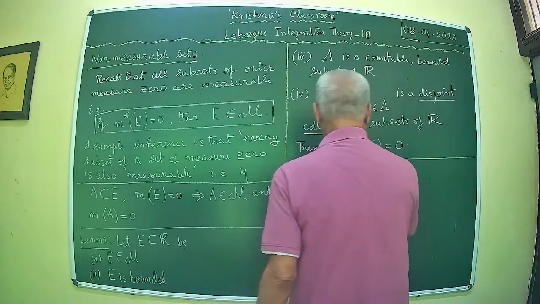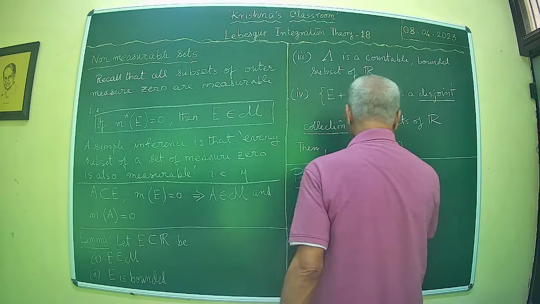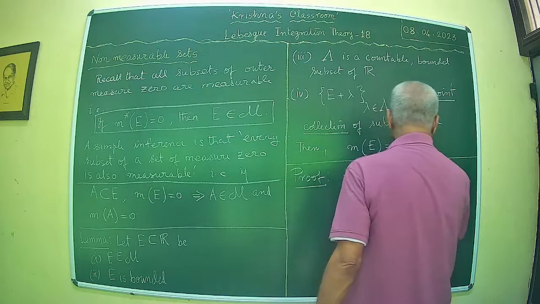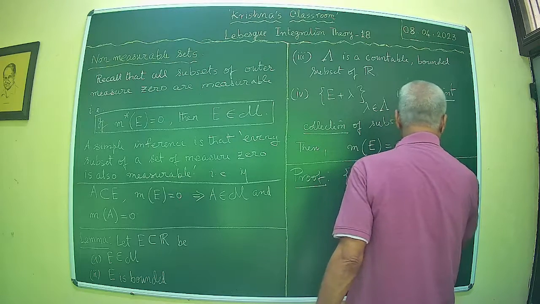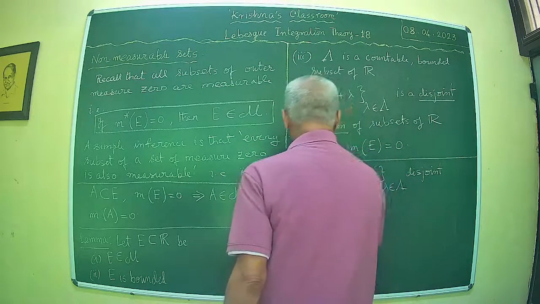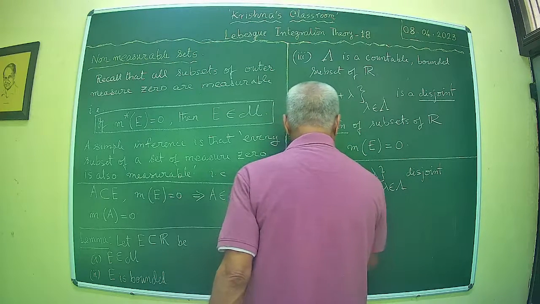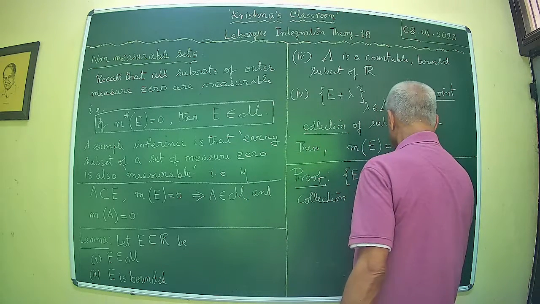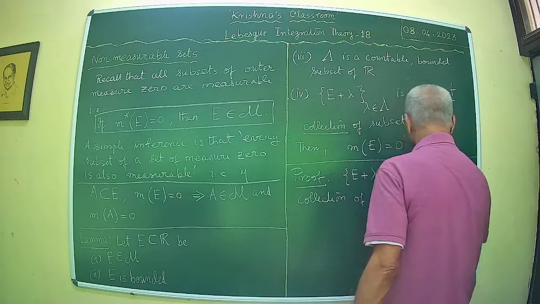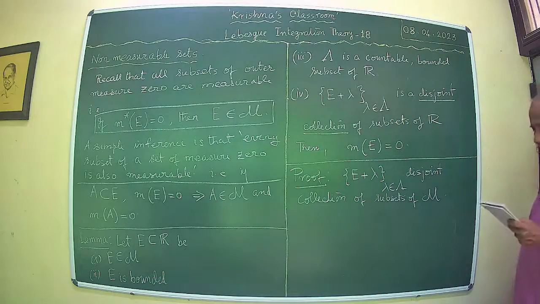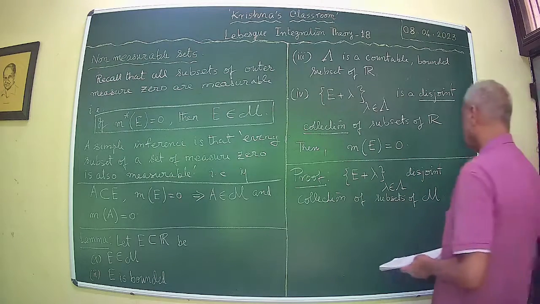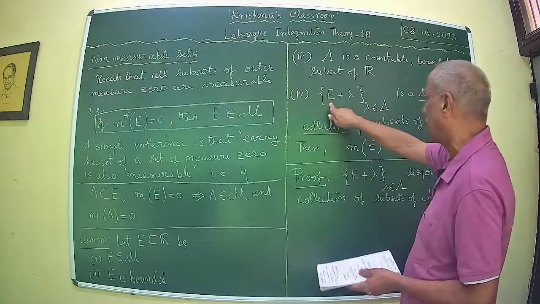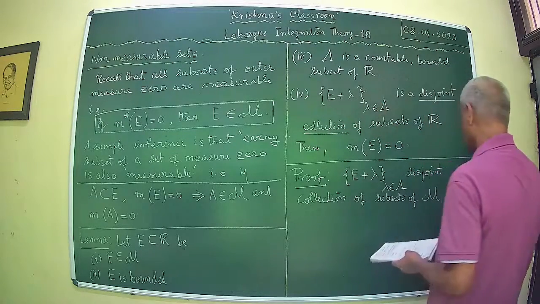So what we have is this E plus lambda, a disjoint collection of sets. It's also, you see, if E is in M, E plus lambda is in M. Therefore, I am using this.